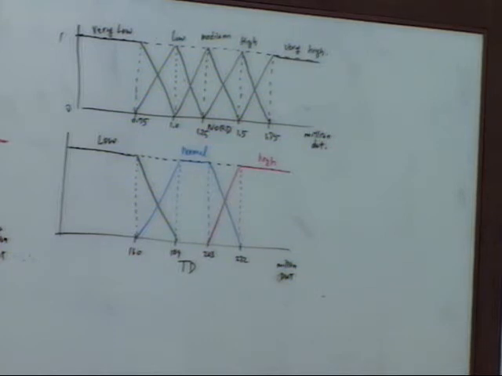This direction is TS and this direction is TD. Here TD is low, normal, and high. TS is here low, normal, high.